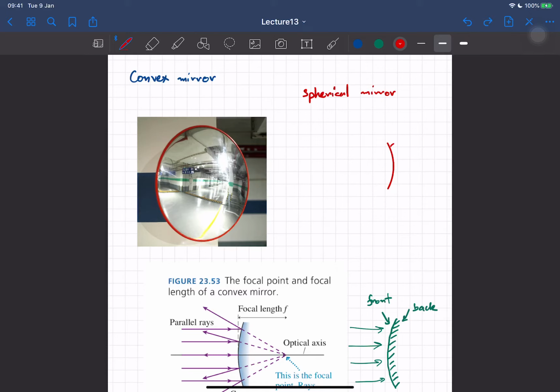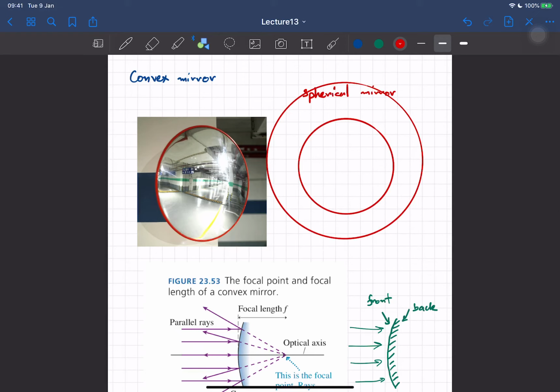But because you make this from a sphere, any sphere will have one parameter, which is called the radius of the sphere. So you can have different mirrors with different curvature, meaning different curvedness. You can do that by starting from a sphere of different size.